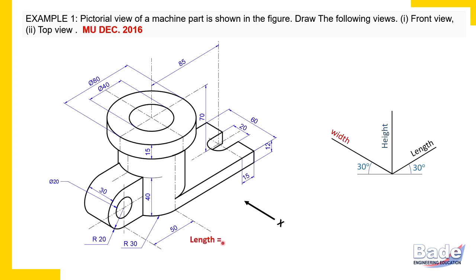Let's identify length. So focus on all dimensions which are parallel to length axis. Here it is radius given 20 millimeters of this extreme left curved edge. So we'll check all dimensions parallel to length from left end to right end. That is radius of this curved edge mentioned here.